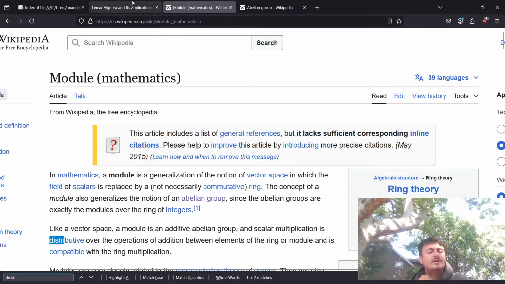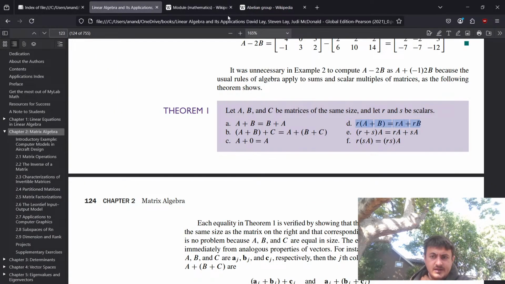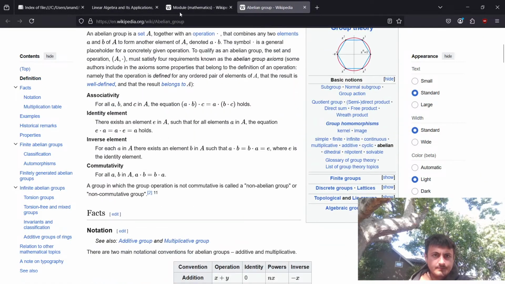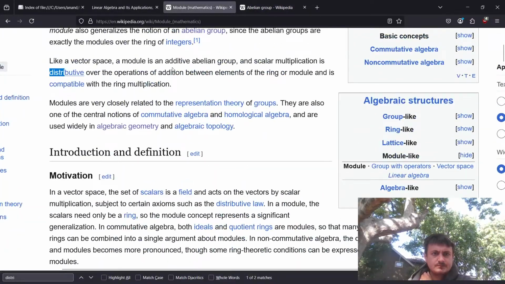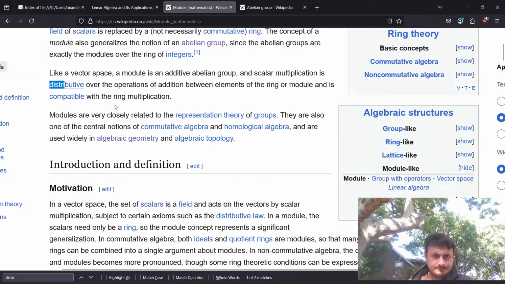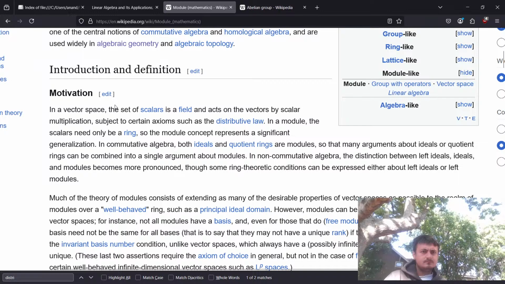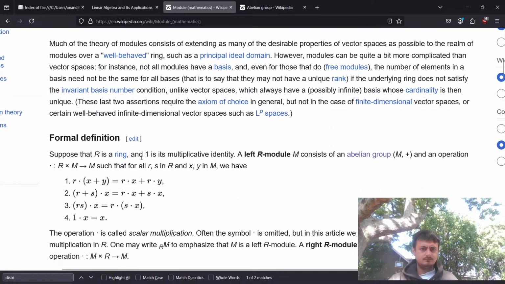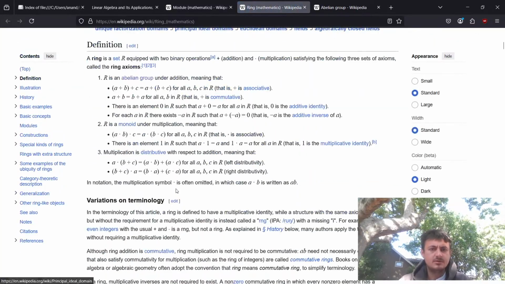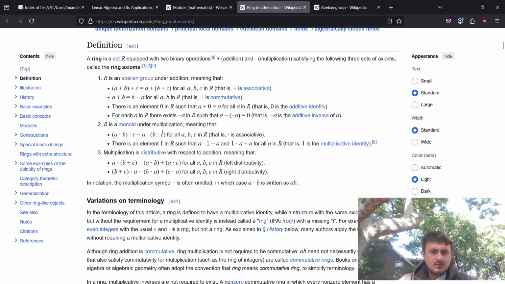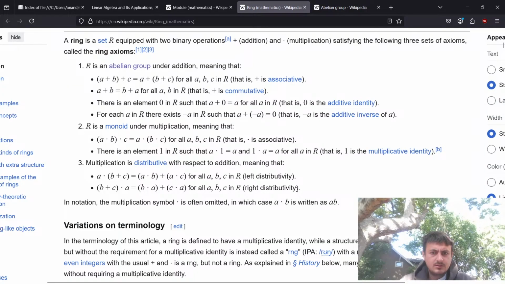So in a ring, what is this one called? Is that just in the definition of a ring? Oh, okay.